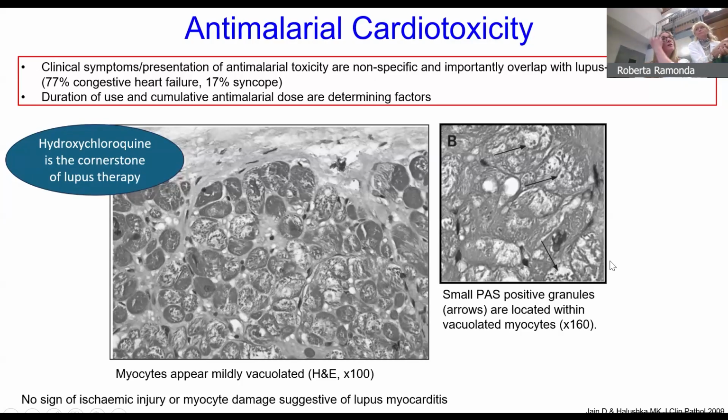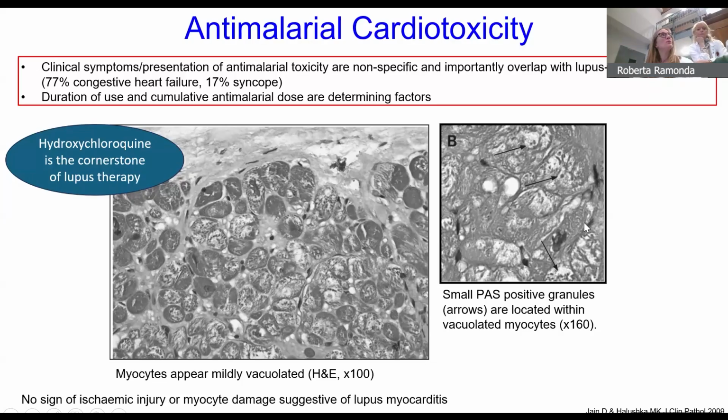It is very important to also consider the duration of treatment, because the risk typically increases after 10 years of treatment with hydroxychloroquine. And normally these are not patients with a great lupus disease activity.